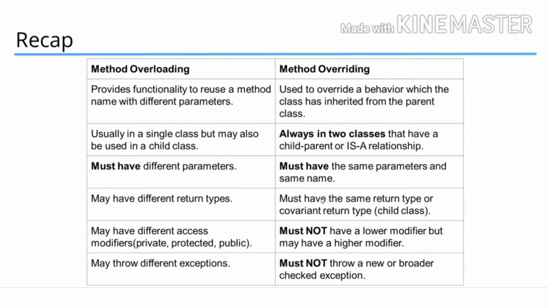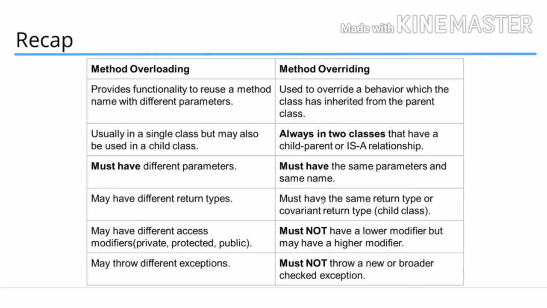So here's a recap between these two. First, overloading provides a functionality to reuse a method name with different parameters, and overriding is used to override a behavior which the class has inherited from the parent class. Overloading is usually in a single class, but may also be used in the child class.